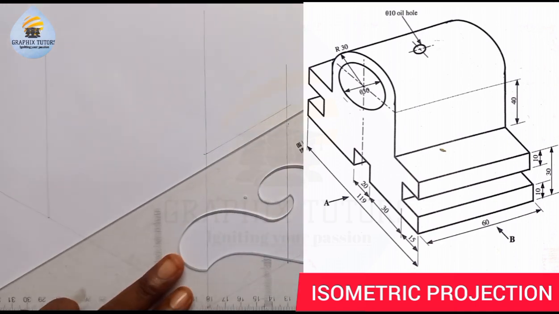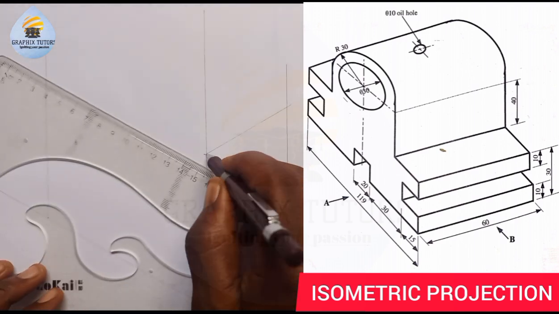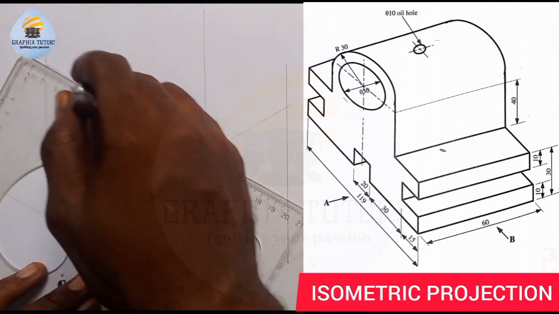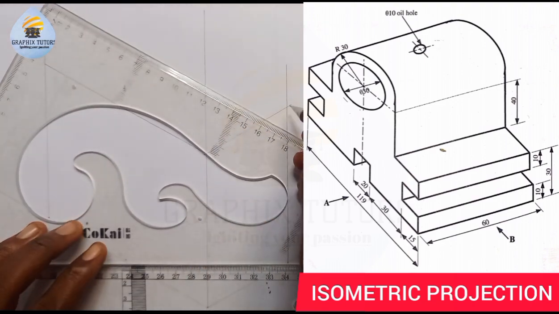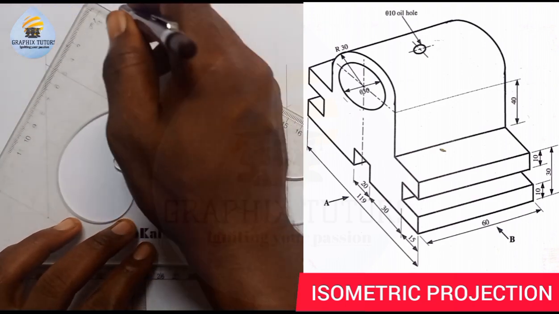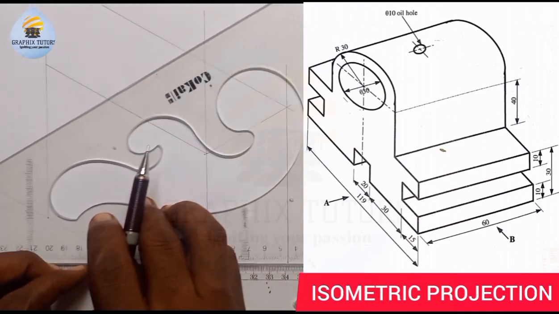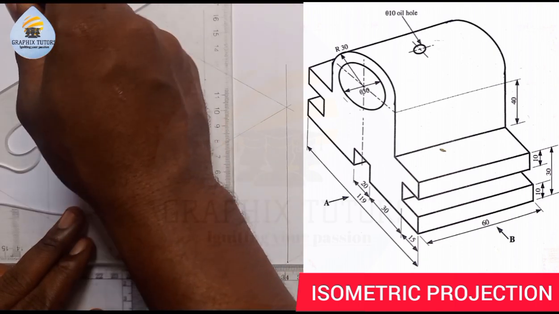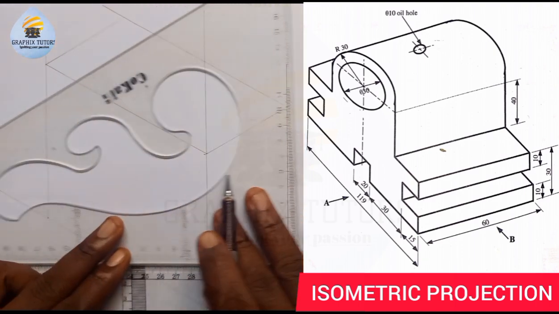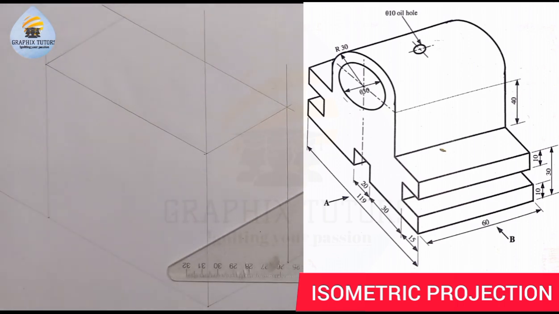That's faint line. See that? Right? So we have drawn out this figure.